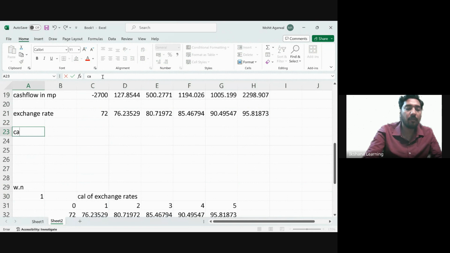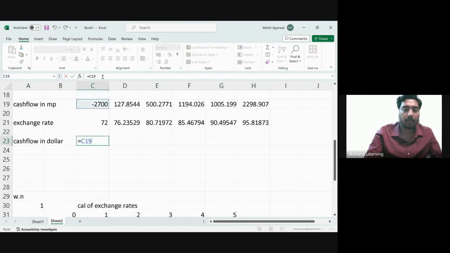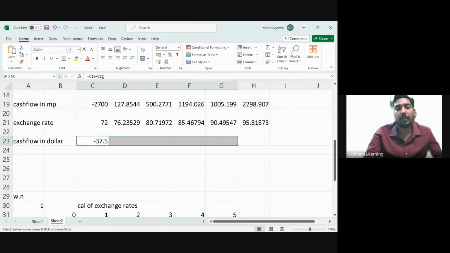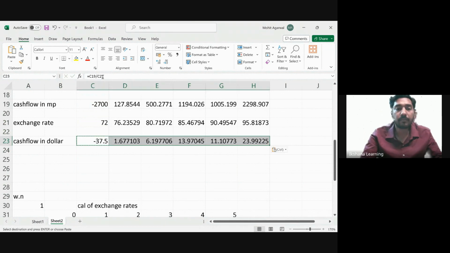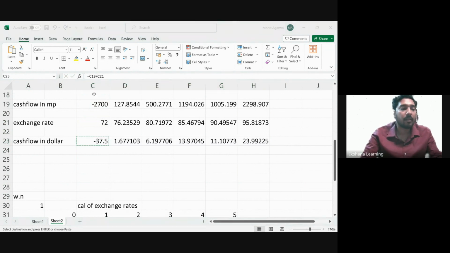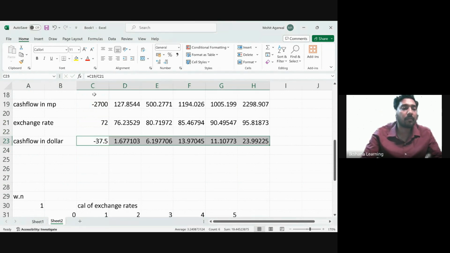Smaller to bigger. You are now going from a smaller currency to a bigger currency. So you have to divide. Let's divide by 72, 37.5. You got cash flow in dollars. Right? Is it making sense?